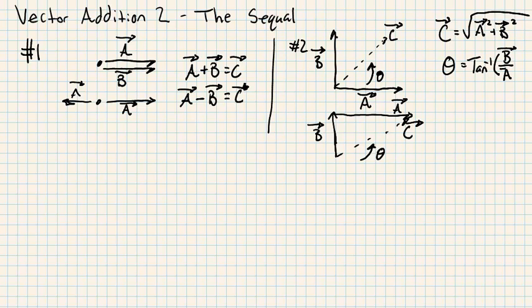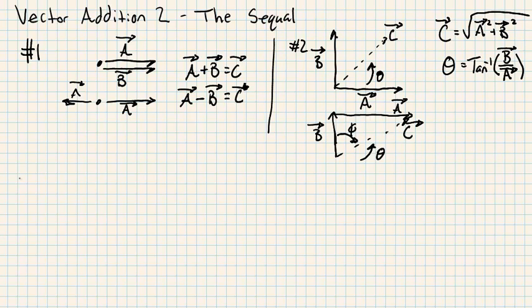And this will give you your angle above the x-axis. If you wanted your angle away from the y-axis, you'd flip your tangent. If you want to get phi in here, then you'd have to flip A and B, because now A is your opposite if you're trying to get this angle here.